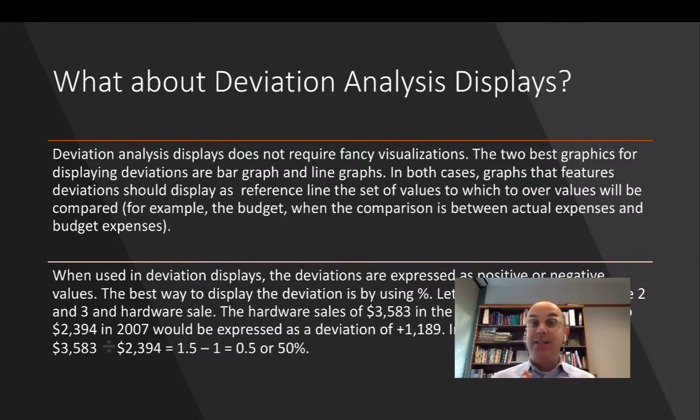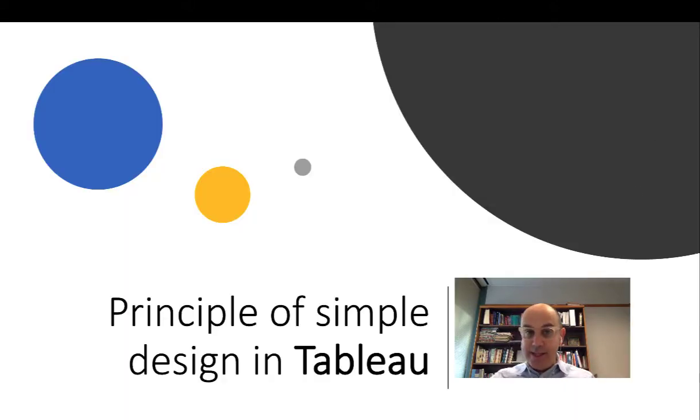So it's really important to make this comparison more transparent in order for us to make our point using visualization more coherent to the user. So again, this is really important, and I hope that in the future you will use the deviation analysis display as part of your argument that you will put forward in the visualization display.